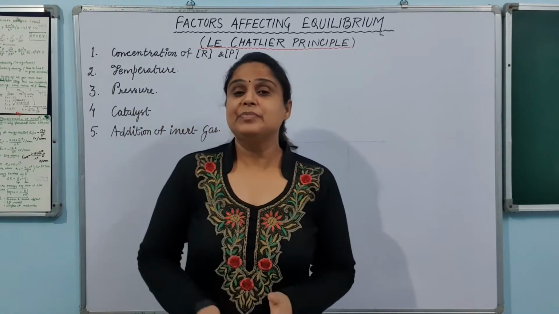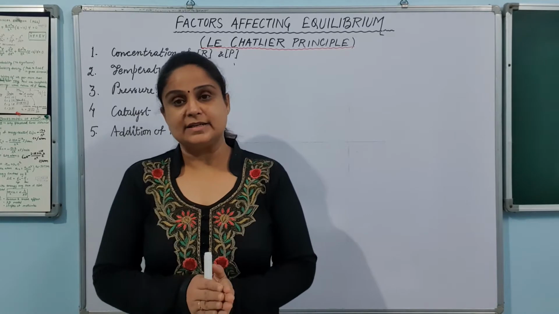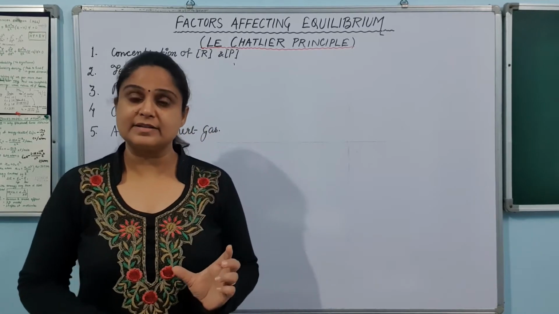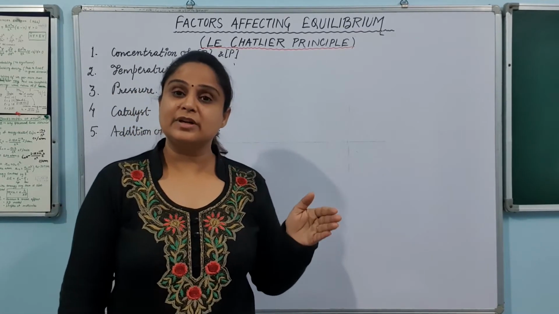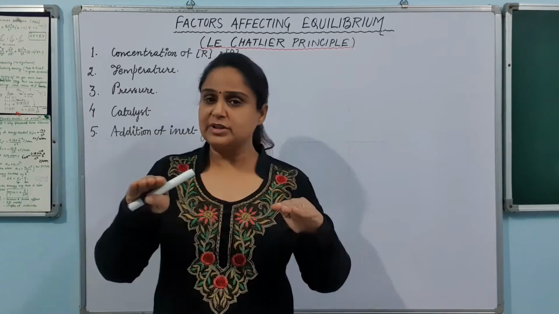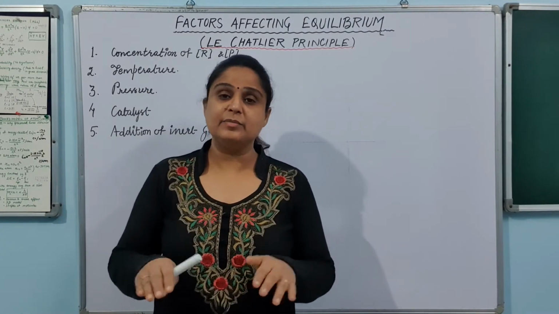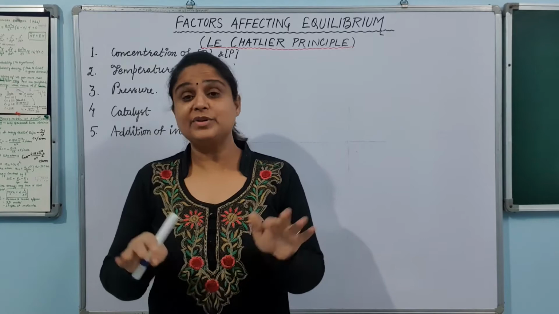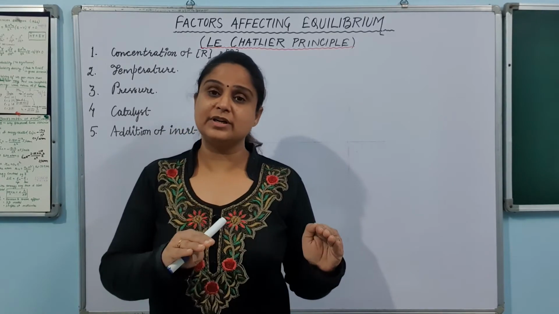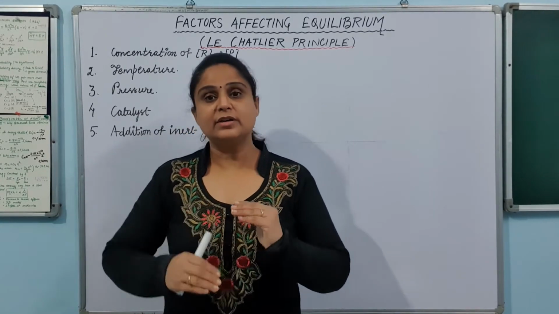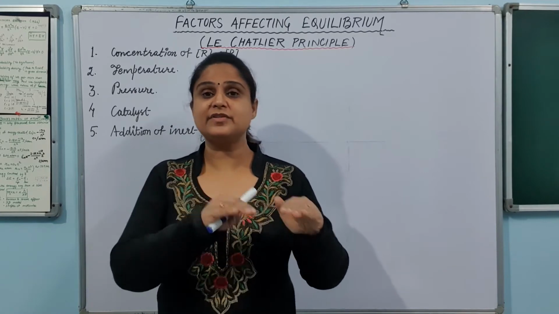Le Chatelier's principle tells us about the factors which are responsible for the shifting of equilibrium. A reaction which is in equilibrium wants to remain in equilibrium because this is the comfortable state for the reaction. So what are the factors which can shift this equilibrium?